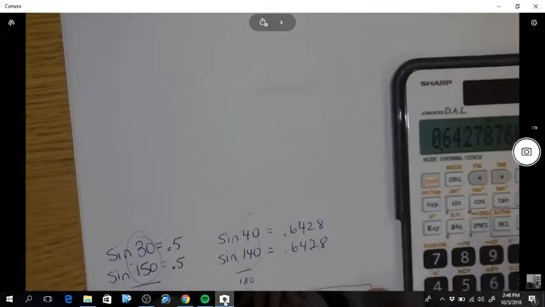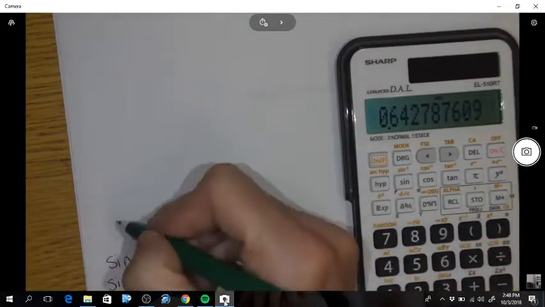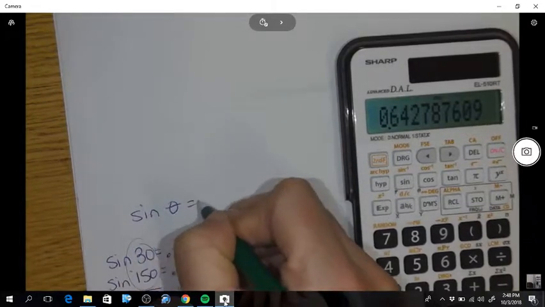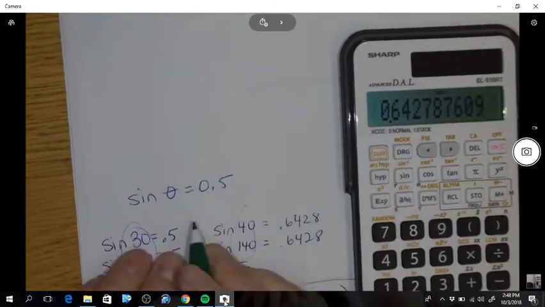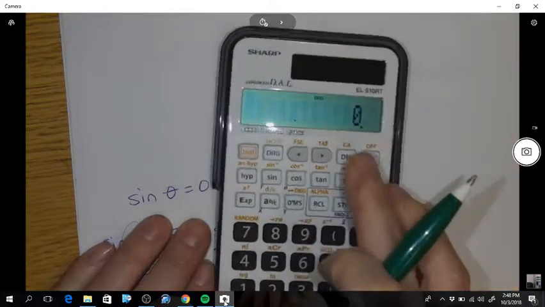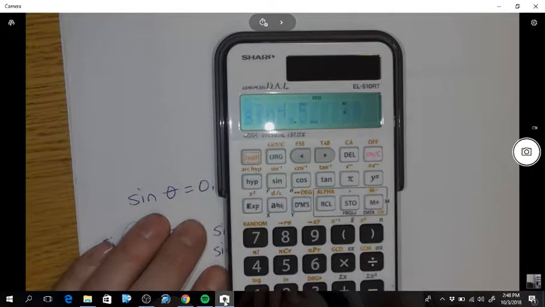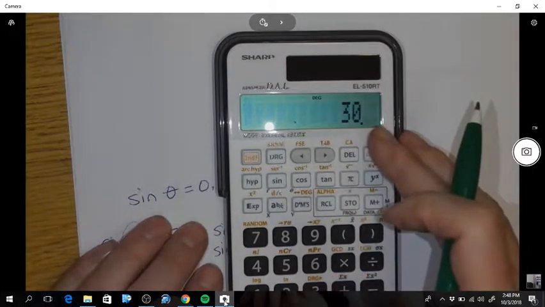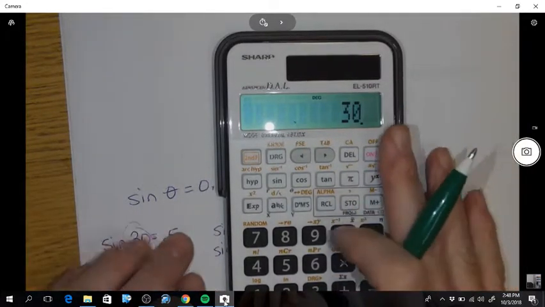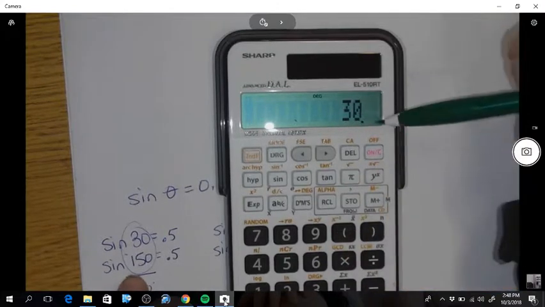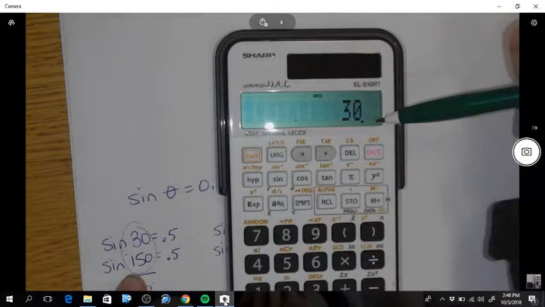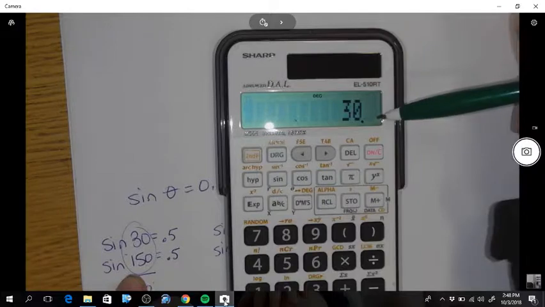So if I give you this, here's what you would be doing. Inverse sine of 0.5, and your calculator gives you 30. But we just talked about that could also be 150. Is your calculator ever going to give you that? No. So you're going to have to provide that.